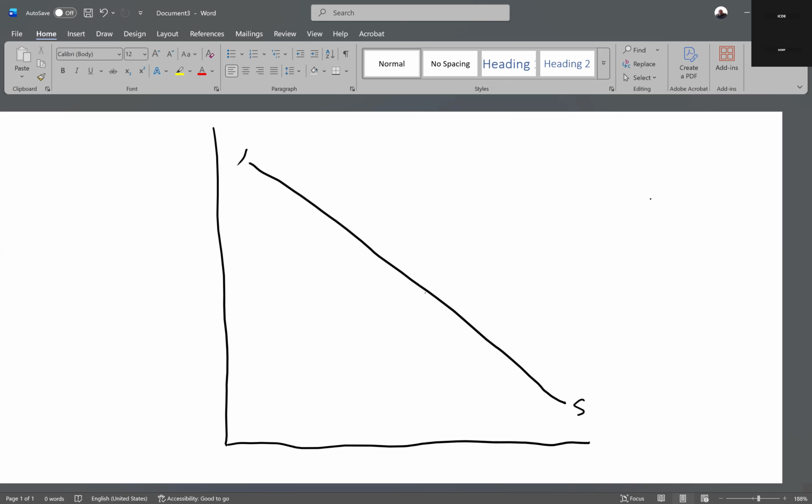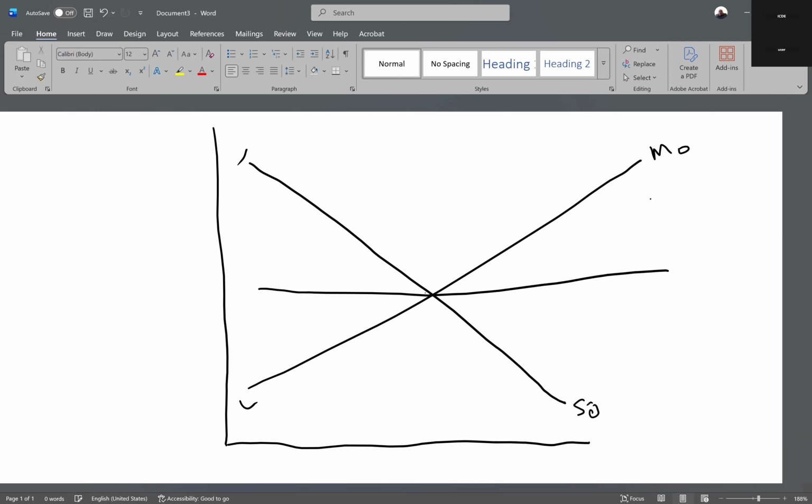This is our LM curve. Call it LM0, call this IS0. And this is our BP curve. Call it BP0. So this is our general equilibrium, E0. So we have here Y0, and then here R0.